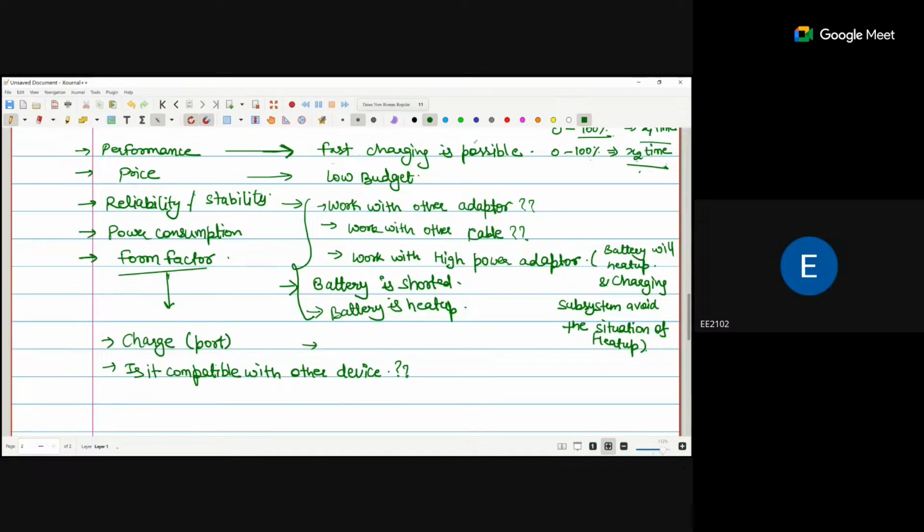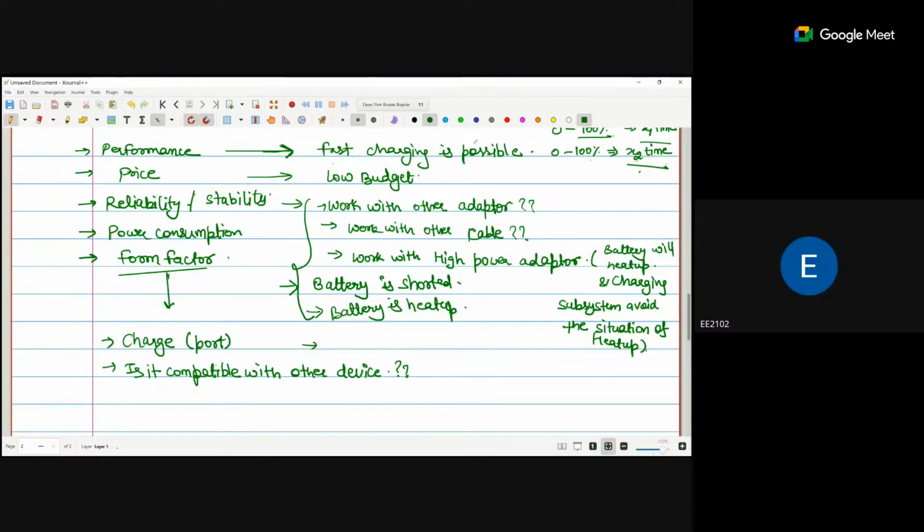Now, for example, we are taking some case: the charging. I think you are aware of it. You charge your mobile phone. Just observe next time when you are charging that when your mobile phone is charged between 0 to 10%, the charging is very slow.